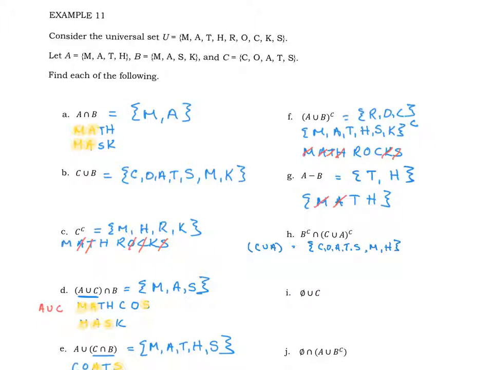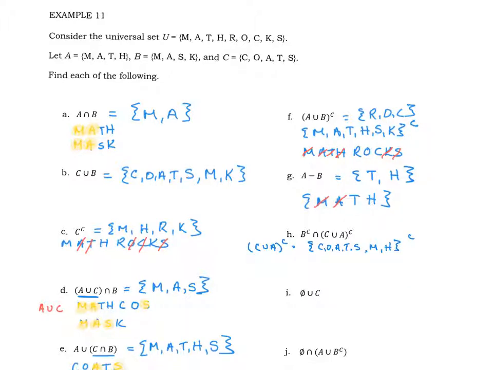H is going to take a little bit of time here. According to the order of operations, I need to find the union of C and A. So I did that by listing the elements of C and then any element of A that had not been listed yet. So that is why I included the M and then the H because the A and T had already been listed. Please recall, though, I need the complement of this.